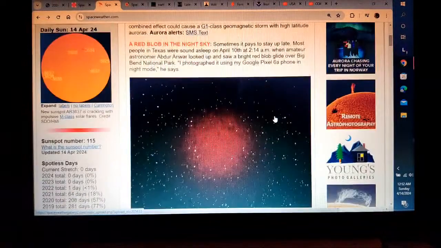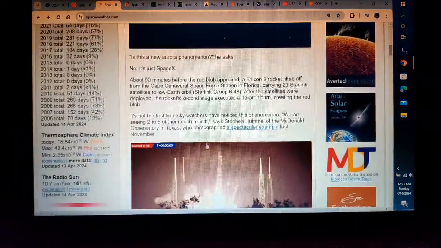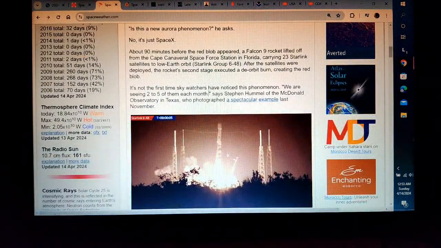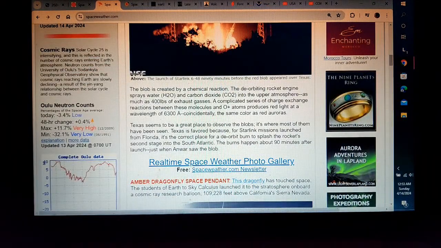Big chemical reaction going on up there in the atmosphere. Well, he better pay his CO2 fine or taxes for that, don't you think? But I guess it's okay if it's SpaceX doing it. It's okay for SpaceX and all these rocket launches to put CO2 into the upper atmosphere. But if you breathe, well, we're going to tax you. Yeah, give me a break.